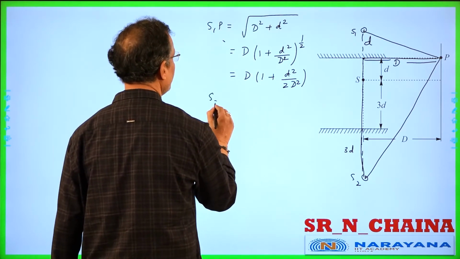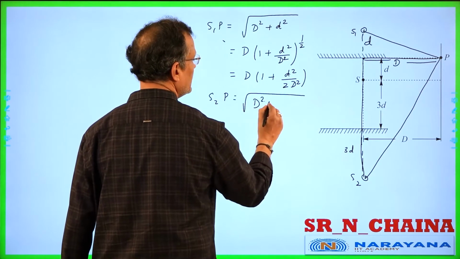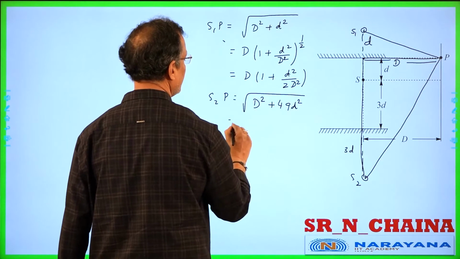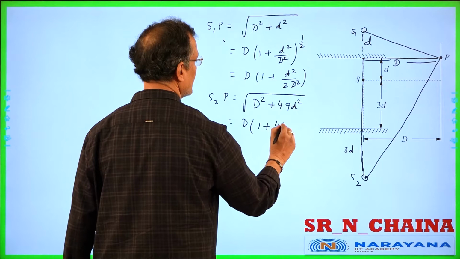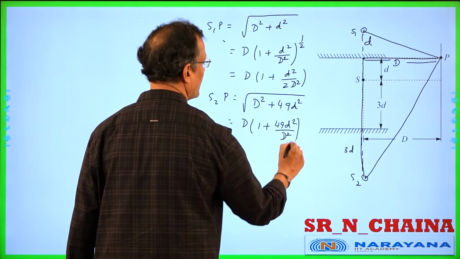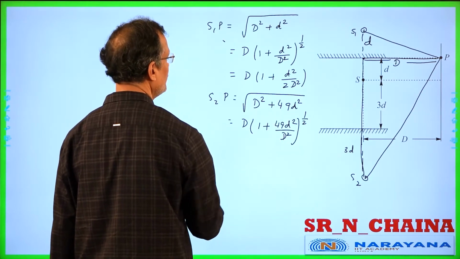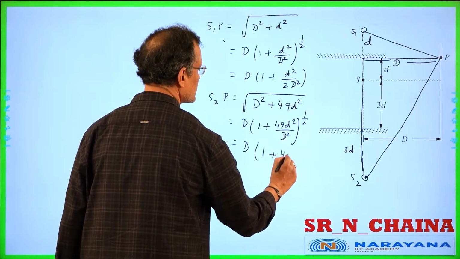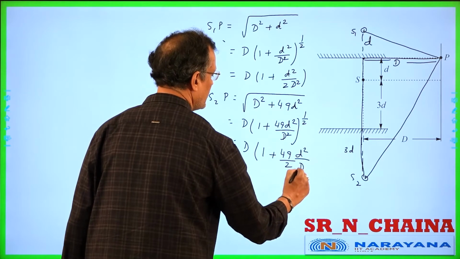So, S2P will be equal to under root 49 D squared plus d squared. Take out 7D, 1 plus d squared by 49 D squared to the power half. So, if you take this 7D, it will become 1 plus d squared by 2 times 49 D squared.